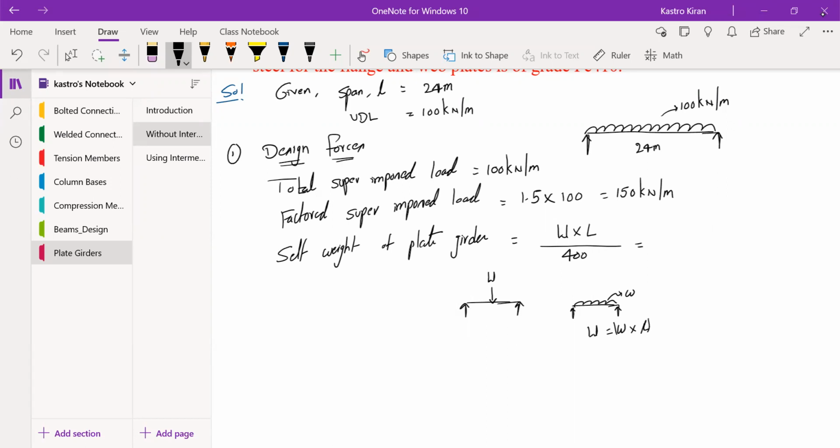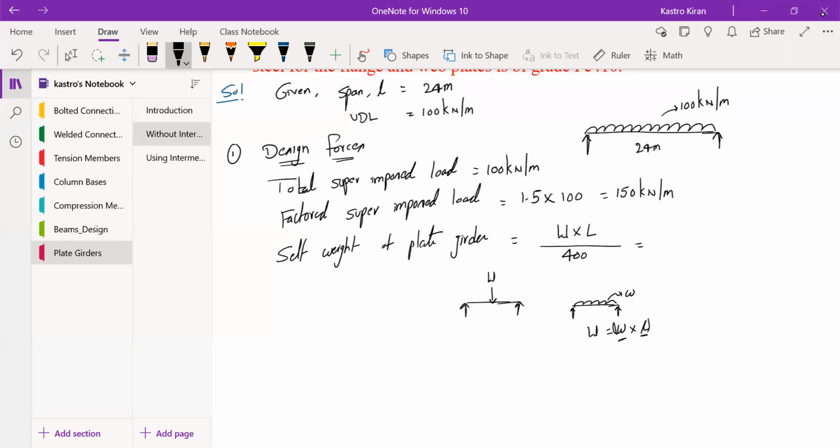Don't directly take the capital W value as 100. That is not the proper way of selecting the capital W value. Capital W is taken as the intensity of the uniformly distributed load into the length up to which the uniformly distributed load is acting.